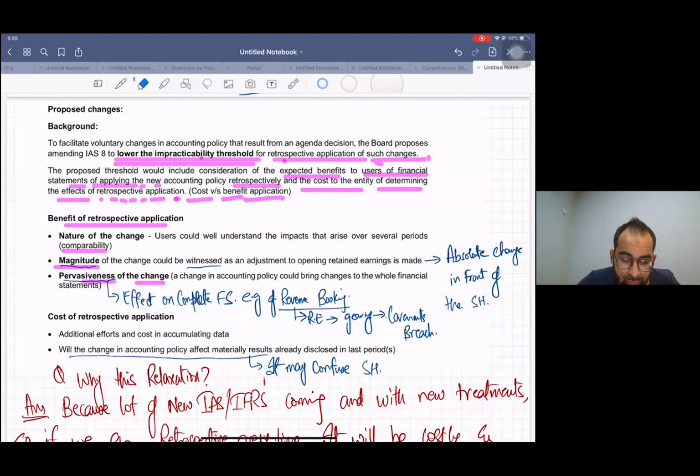Number three, the pervasiveness of the change. Pervasiveness of the change means this change ultimately affects the complete financial statement. How? For example, if we talk about revenue recognition, IFRS 15, you know the entry of credit sales is debit receivables, credit sales.